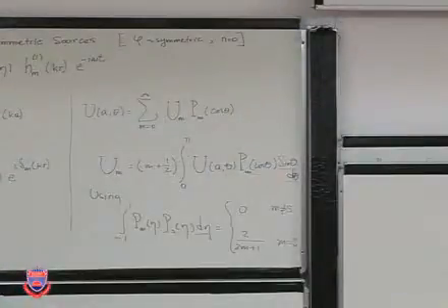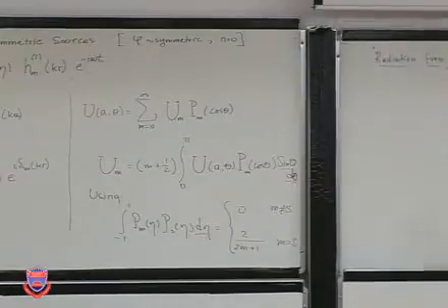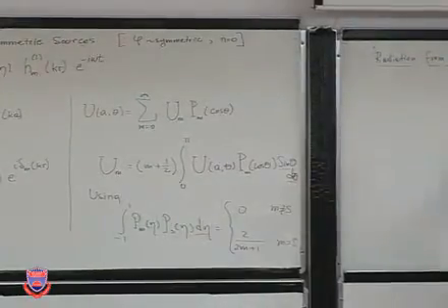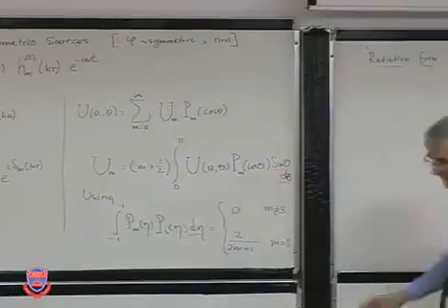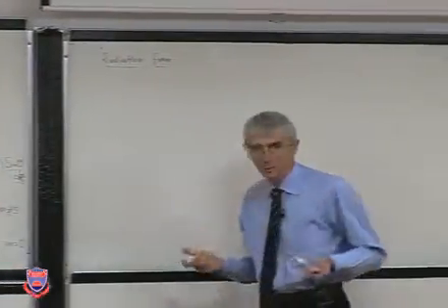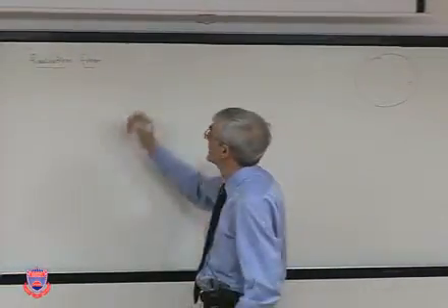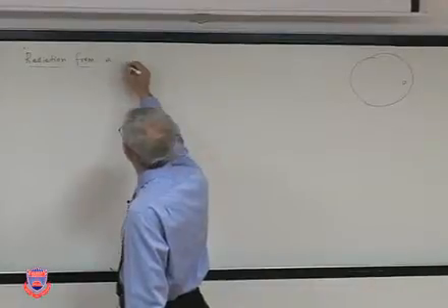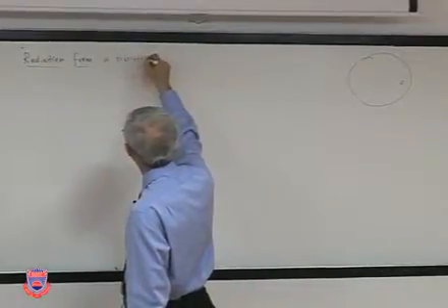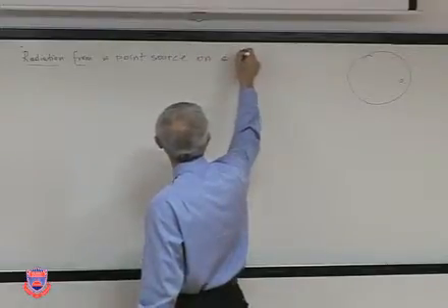See, when you do engineering work, usually, whether it's a design or analysis, people don't give you equations or expressions. They tell you what the problem is. So radiation from a point source on a sphere.